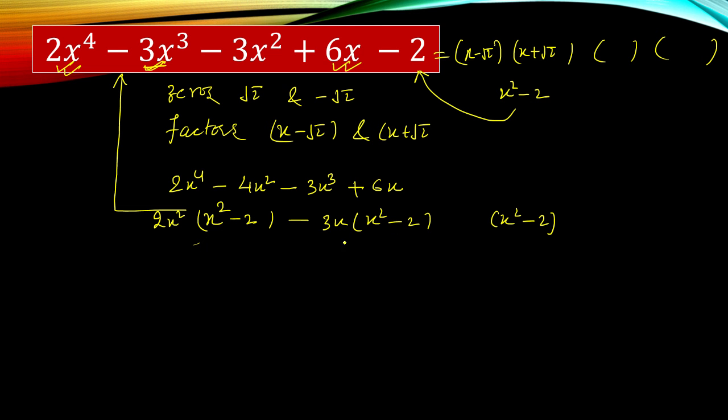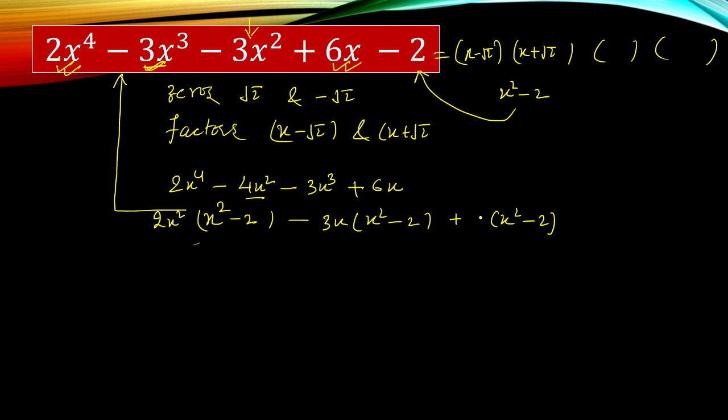Now minus 3x multiplied to both, it's done. Now this task is left. This task is minus 3x square, but we got minus 4x square. Our task was minus 3x square. Now let's see, this is minus 4x square, the task is minus 3x square. How can we get it?